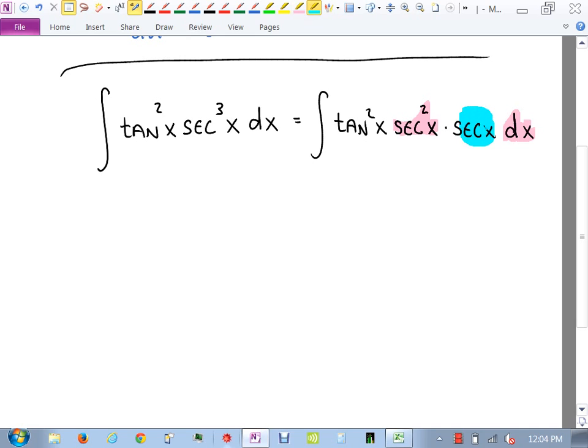Do y'all see where the problem is? I mean, that's the issue right there. Come on, Catherine. You got it. Tangent x. I'm not sure I understand.